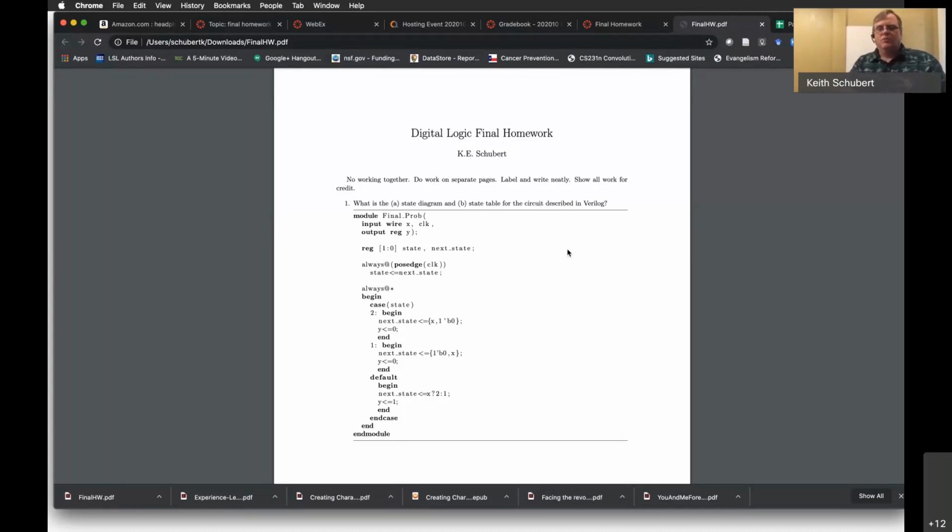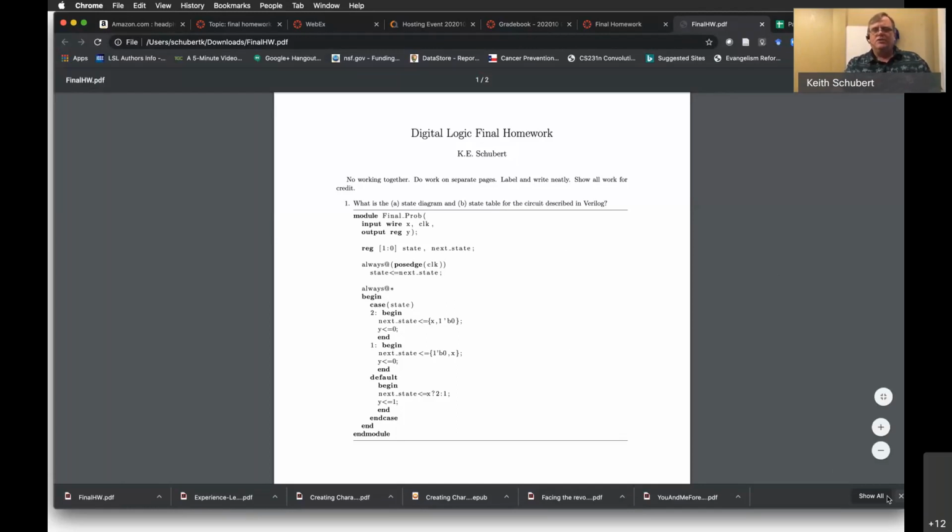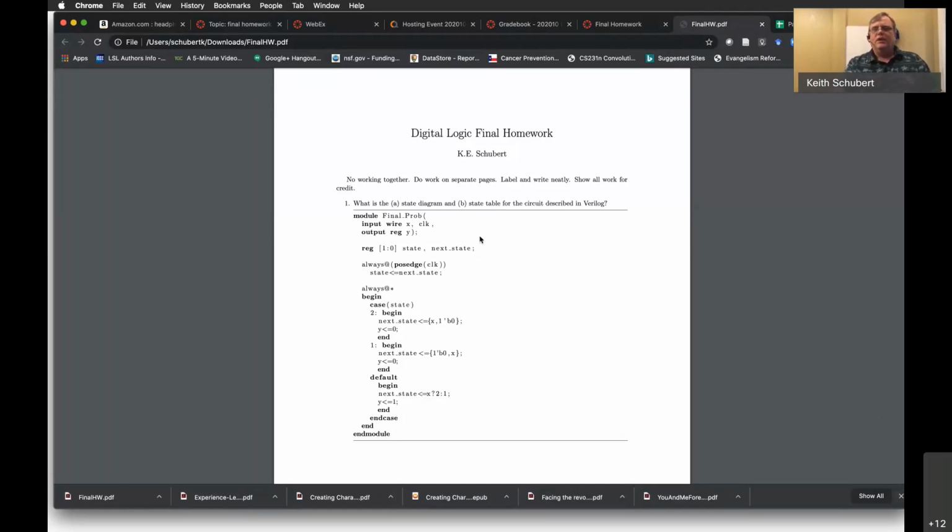How to enlarge me? Am I in the small thing and the window is big? Is that the problem, CJ? I don't know if on WebEx, I believe there's a setting where you can make me and the page equal in size.